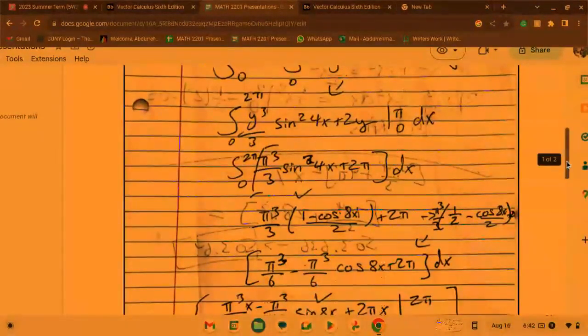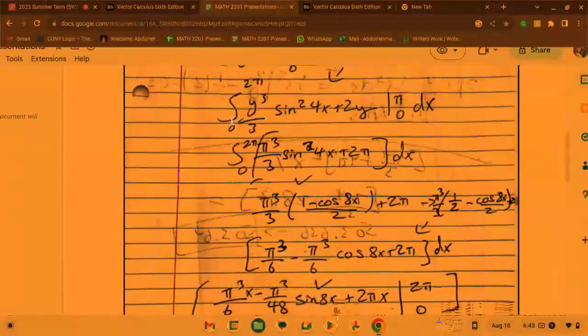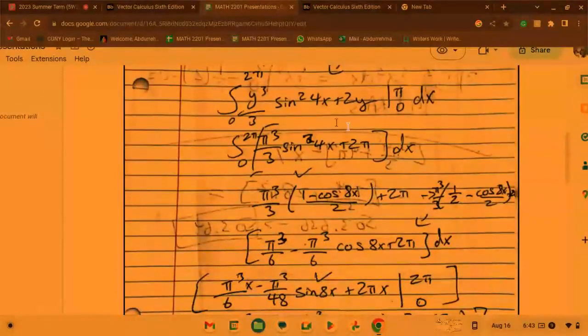We integrate the original given function, which is y squared sine squared 4x plus 2. We get y to the third divided by 3, sine squared 4x plus 2, for y. Then we have to plug in the pi and the 0 for the dy. So wherever we see y, we plug in the y, and of course it's going to be minus 0.